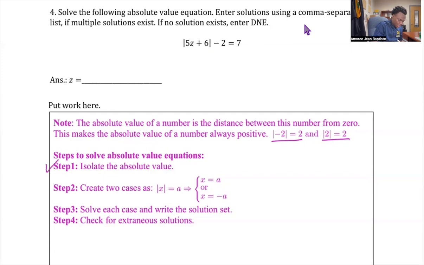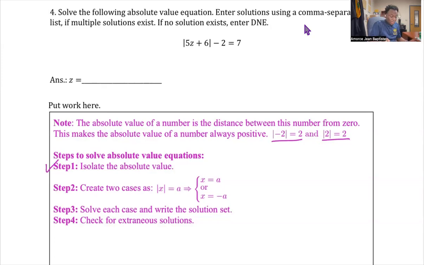Number 2, we're going to create 2 cases based off the study of the absolute value, because we are studying the possibilities. If the expression in absolute value is positive, we know it's the same number. But if it's negative, then we need to consider the opposite.